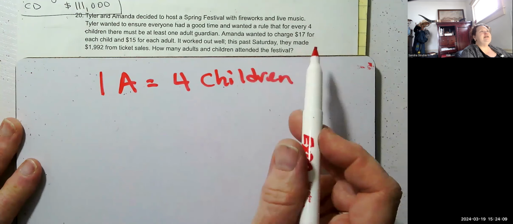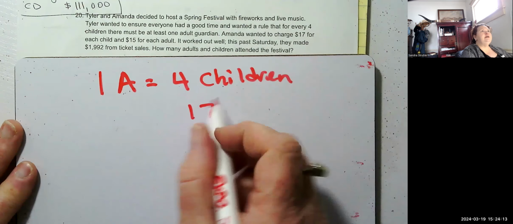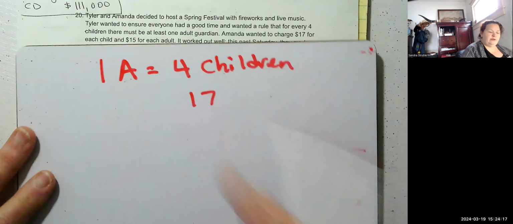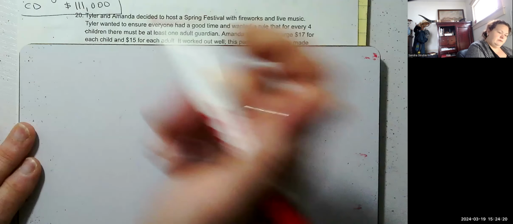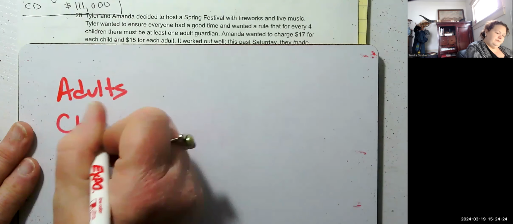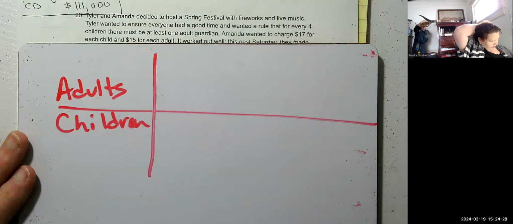Amanda wanted to charge $17 for each child. So $17 for each kid and $15 for each adult. I need to write this differently. We've got adults. We've got children. And we've got total.